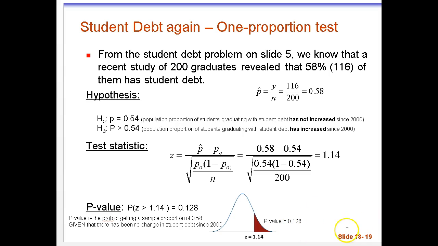Or another way I could say it is that there's a 12.8% chance that I could get a sample proportion of 0.58, given that my population proportion has not changed, that it is 0.54.